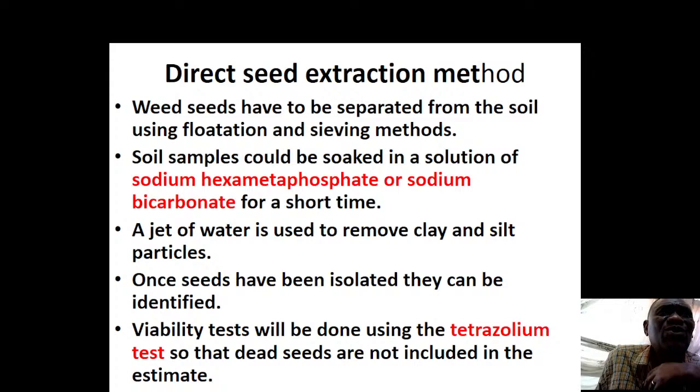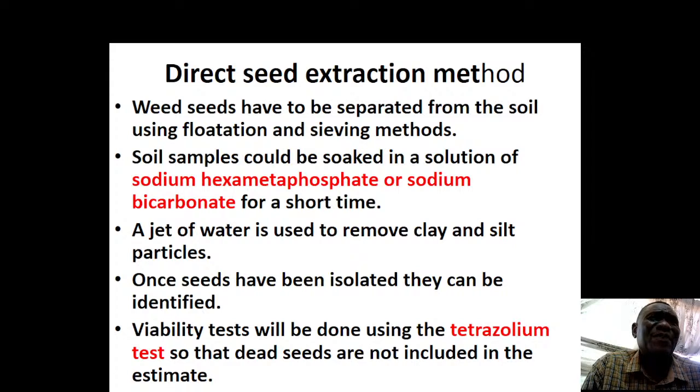Soil samples could be soaked in a solution of sodium hexametaphosphate or sodium bicarbonate for a short time. You need a jet of water to remove clay and silt particles.